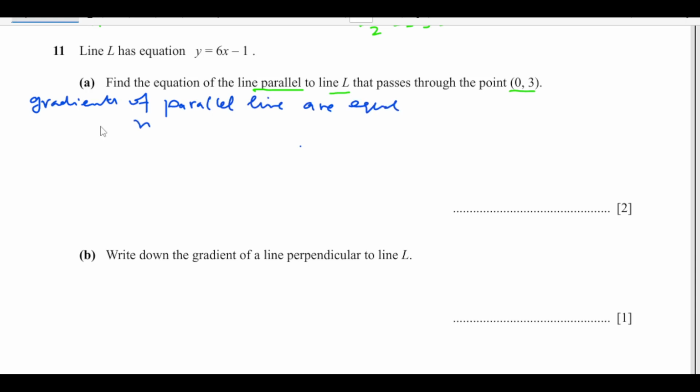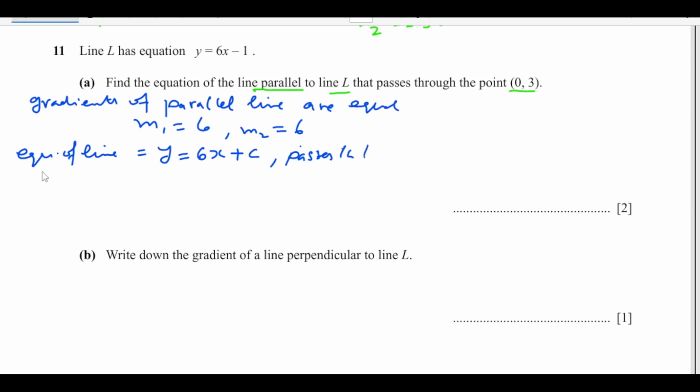So the gradient here, m1, is 6, so m2 is also going to be 6. So the equation of the line is y equals mx plus c, which is 6x plus c, and this line passes through 0, 3. So y is 3, x is 0, plus c. So that means c is equal to 3. So the equation of the line is y equals 6x plus 3.